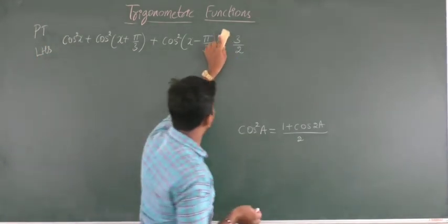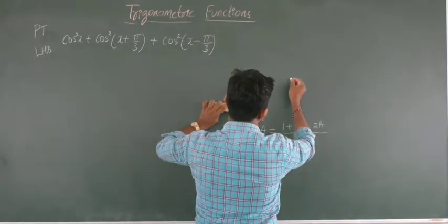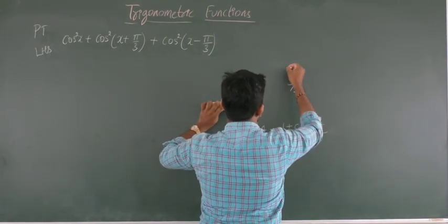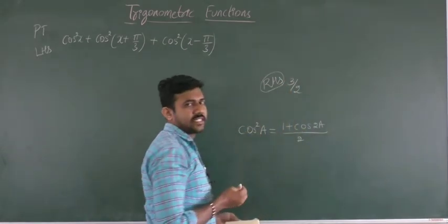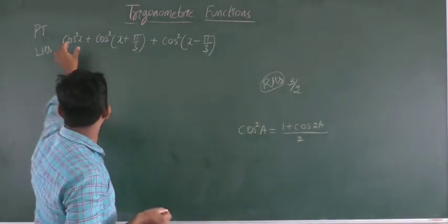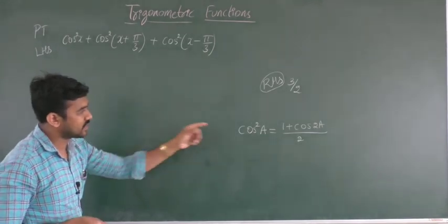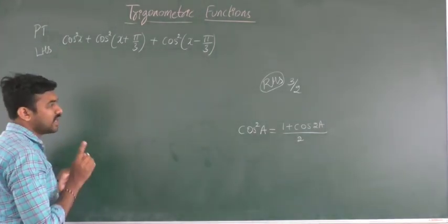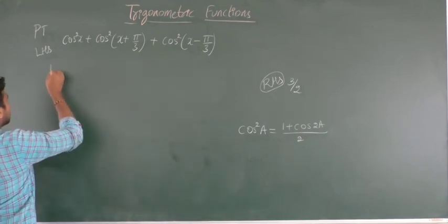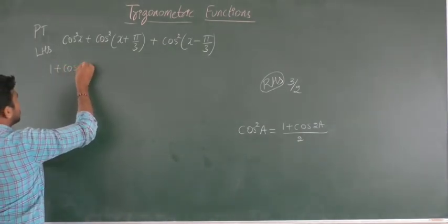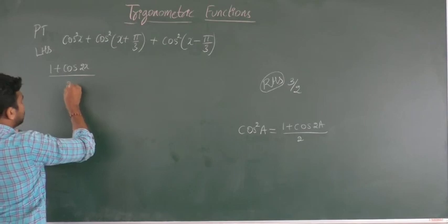We need to prove this is equal to 3 by 2, so this is our right hand side. We have to obtain the right hand side. So cos square x, what we can write? Cos square a is nothing but 1 plus cos 2a divided by 2. So cos square x is nothing but 1 plus cos 2x divided by 2.